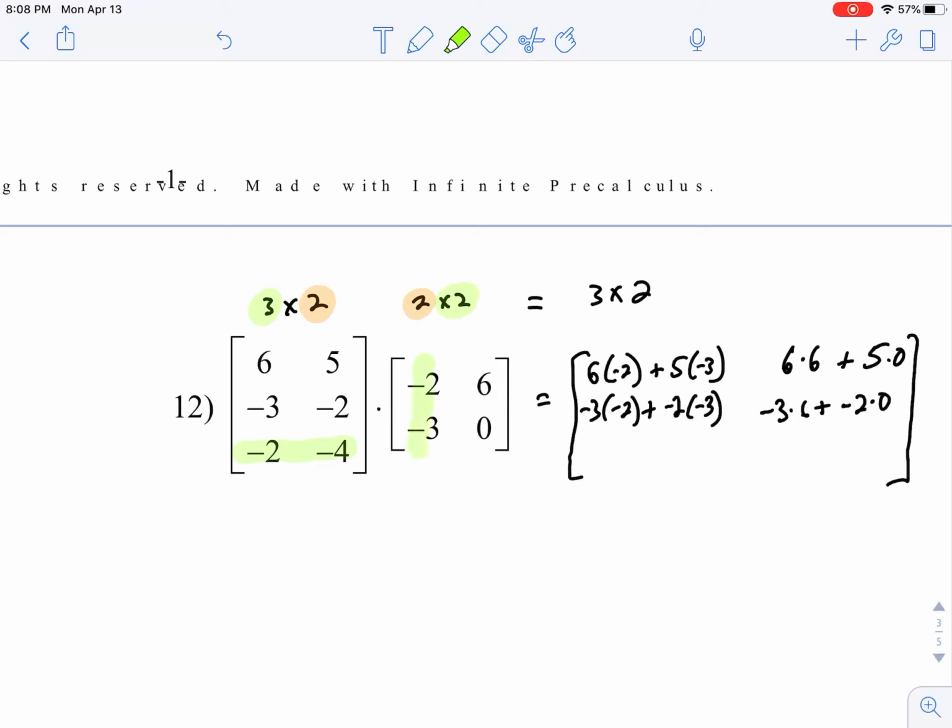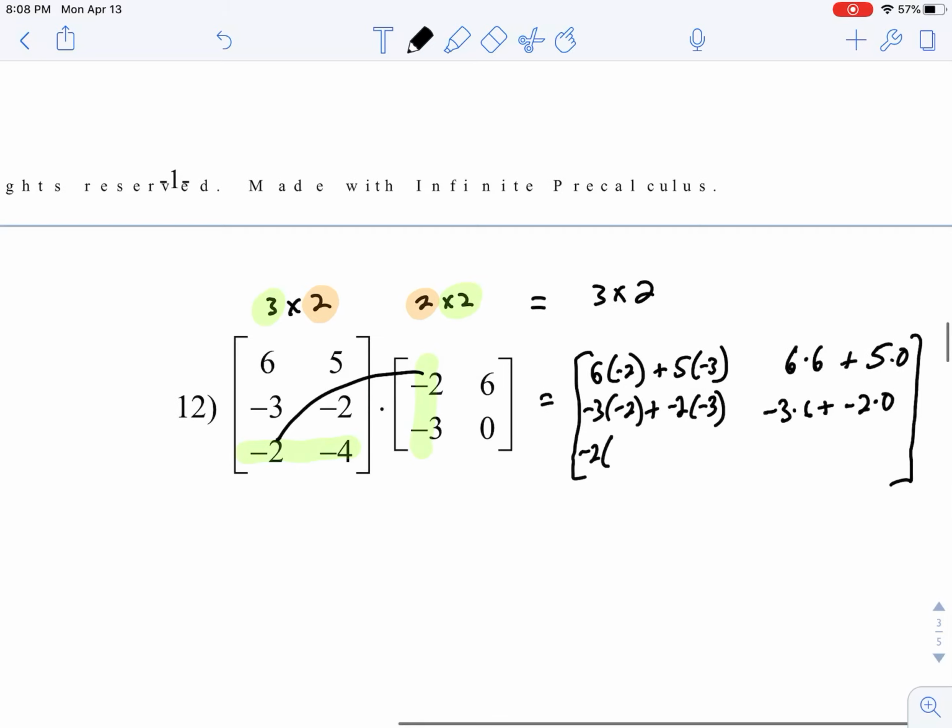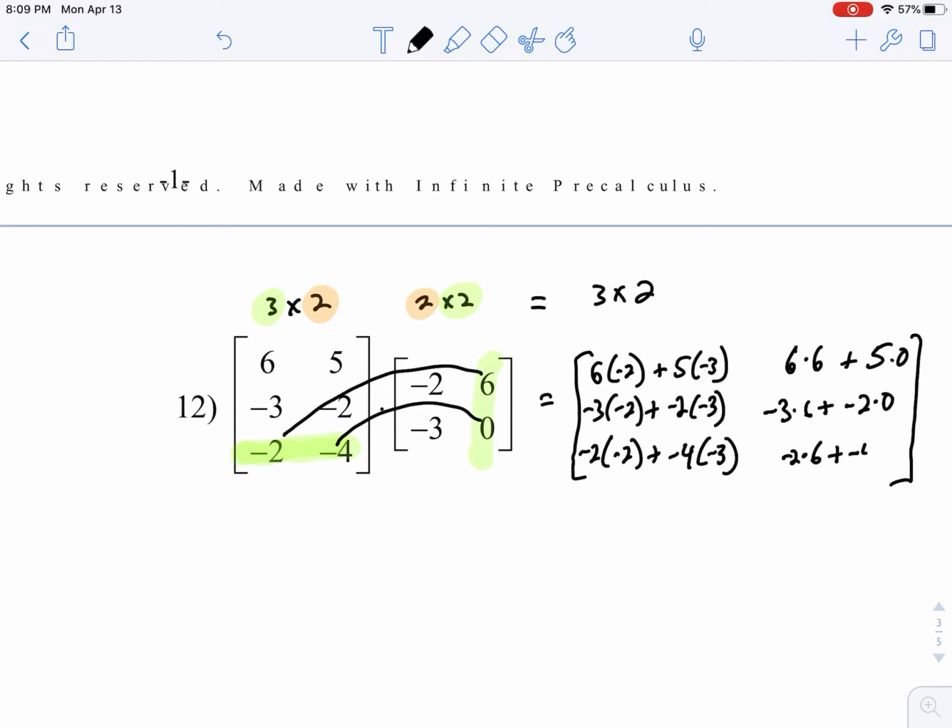This row times this column. -2 times -2 plus -4 times -3. Then do that final row by the final column. -2 times 6 plus -4 times 0.